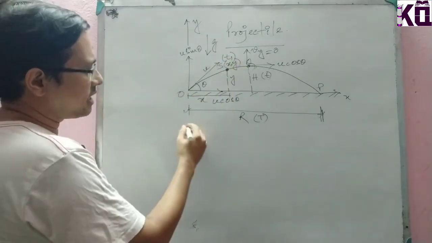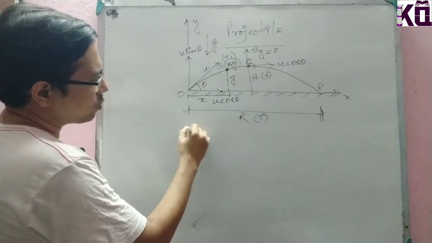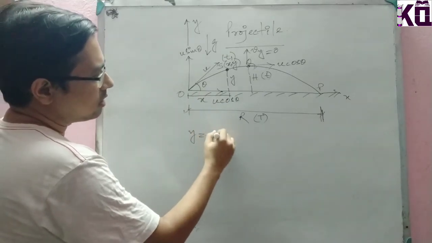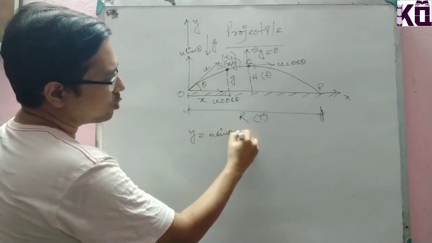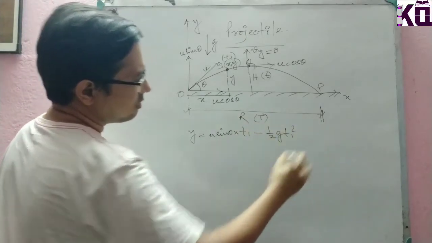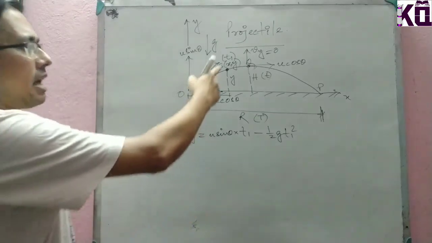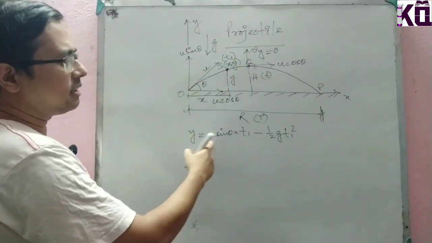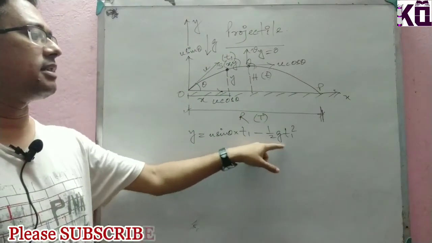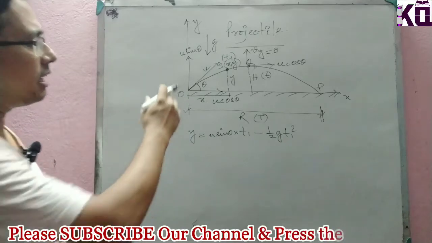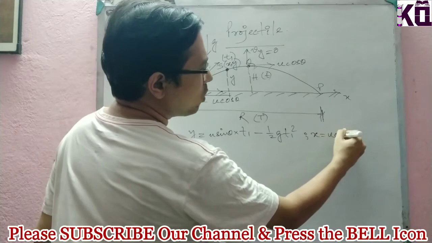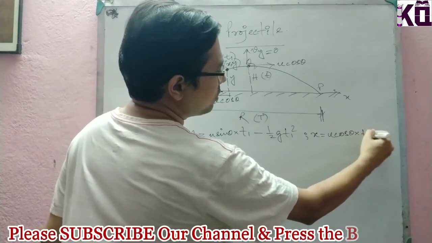In the vertical direction, y is equal to u sine theta into t1 minus half g t1 square. If the time taken to reach y is t1, the initial velocity is u sine theta and g acts in the opposite direction, so we take minus half g t square. In the x direction, x is equal to u cos theta into t1.